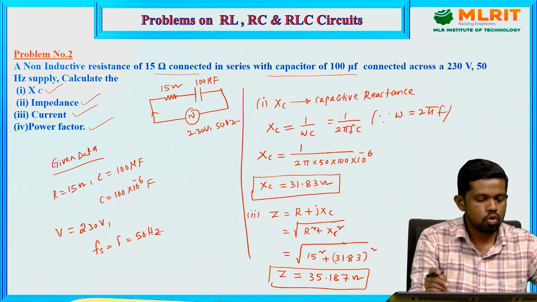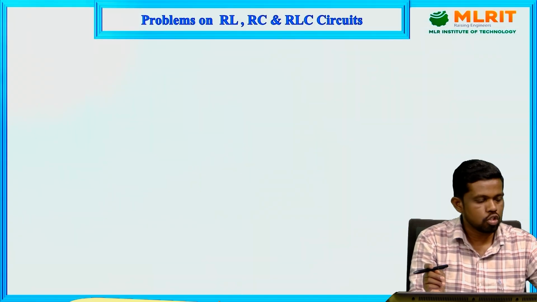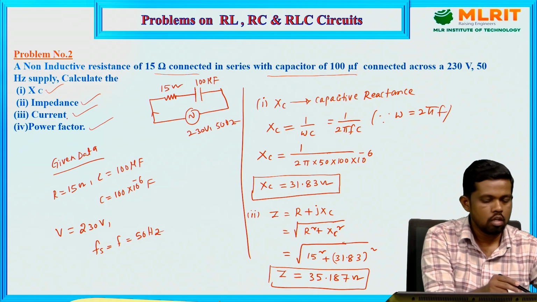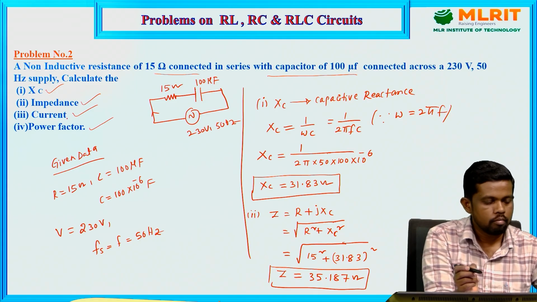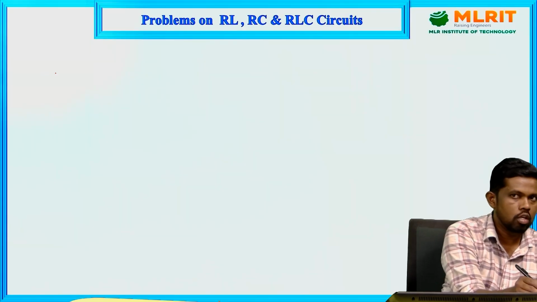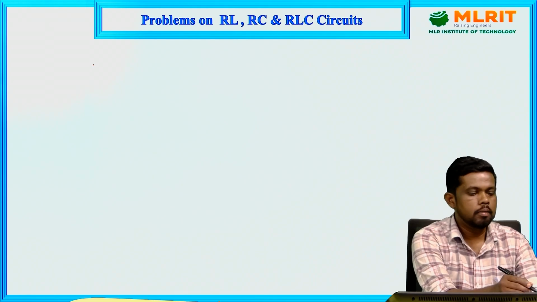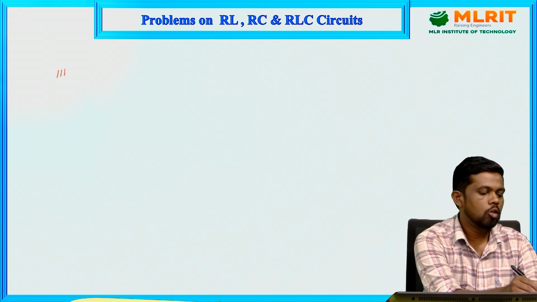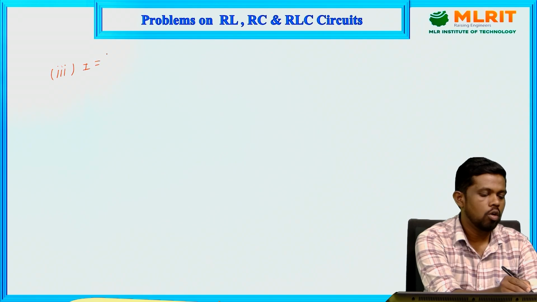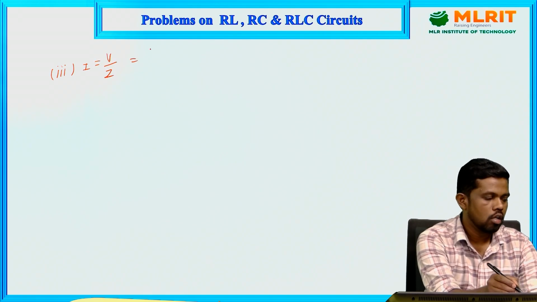Then we will go to the next one, question number 3, which is the current value. According to Ohm's law, I equal to V by Z. The V value is 230 volts, as given in the question.